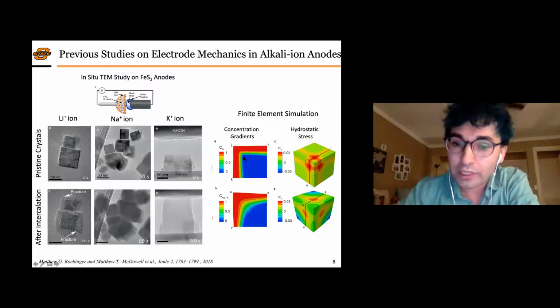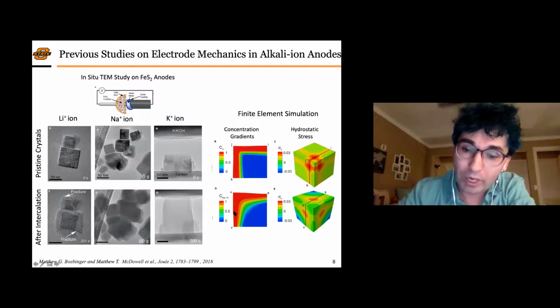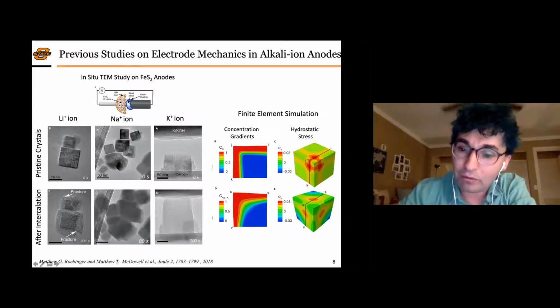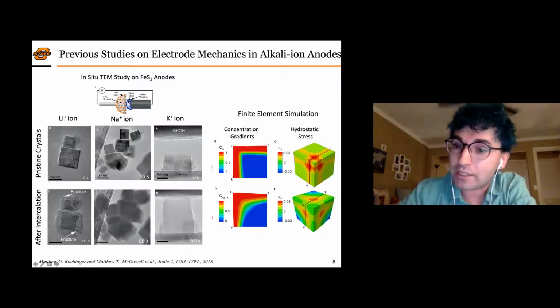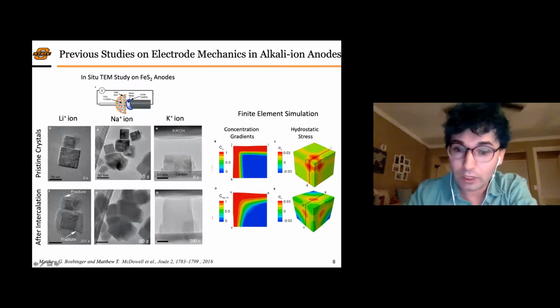And what they observe is there is a sharp concentration gradient change at the edges during lithiation, but concentration is much more uniform during sodium and potassium intercalation. And that inevitably affects the stress evolution in the material during lithiation versus potassiation and sodiation.